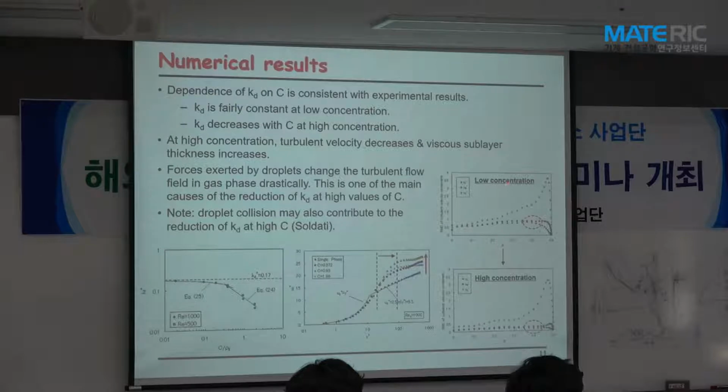You can see that when concentration is low, the radial component is very high, but if many droplets are included in the core part, turbulence velocity is mitigated significantly. So it is very reasonable. Deposition rate is decreased. The reason is that the forces exerted by the droplets change the turbulent flow field in the gas phase drastically. This is one of the main causes of the reduction of K.